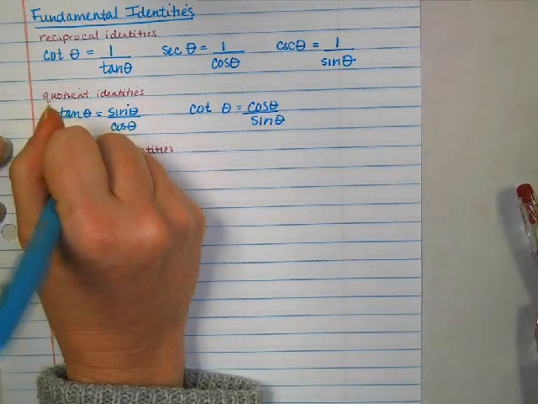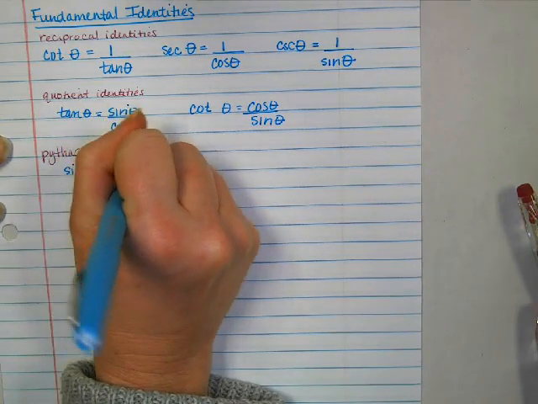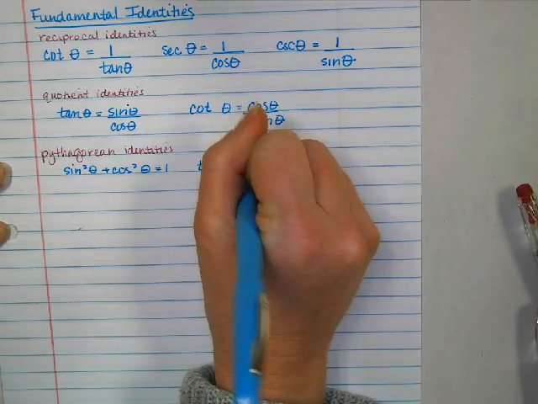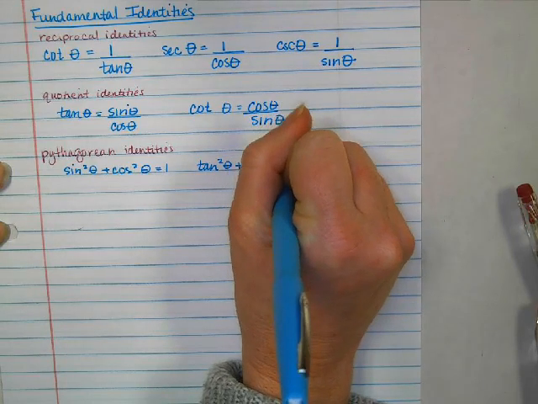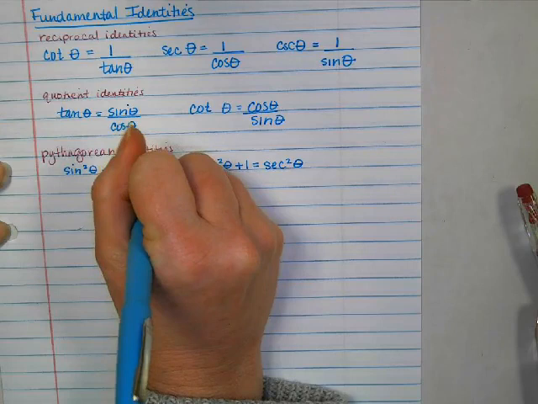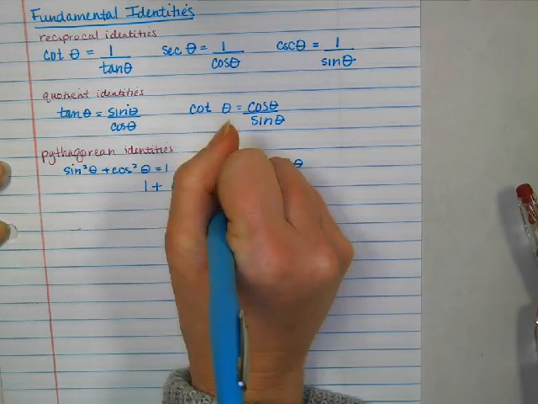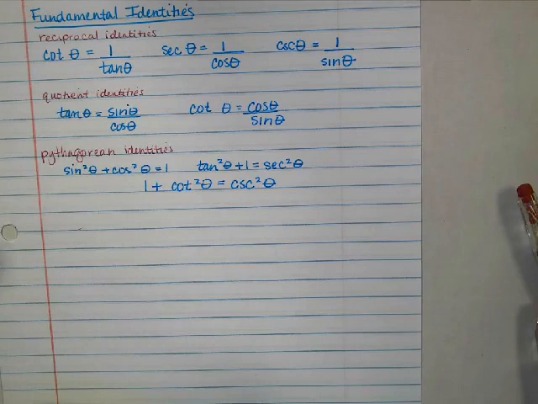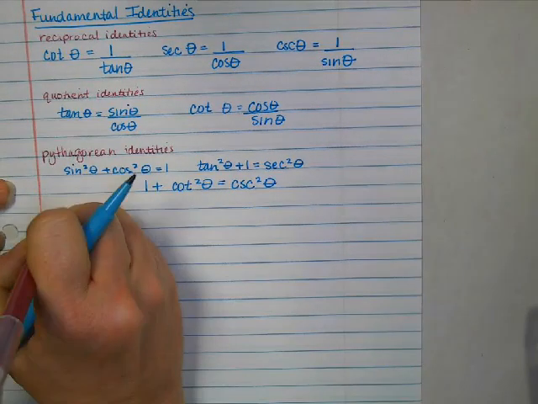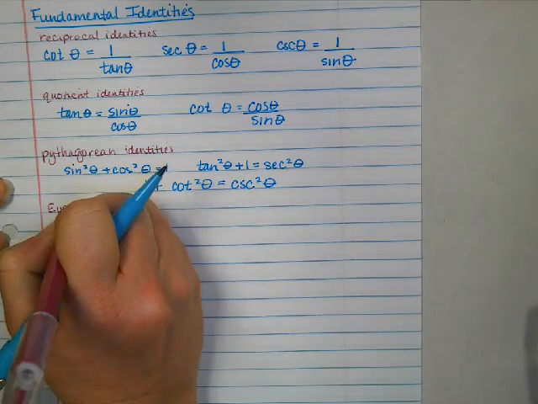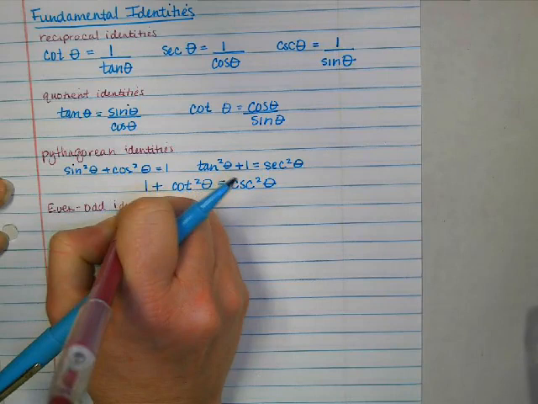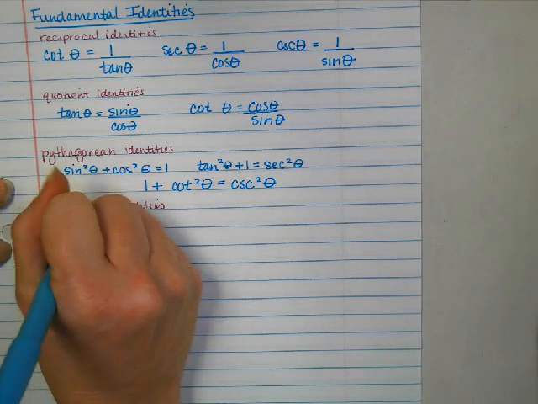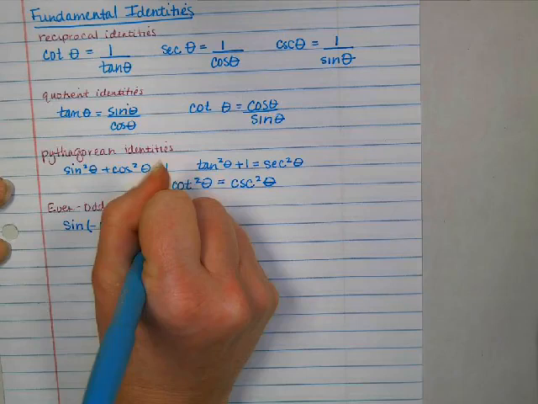Then the Pythagorean identities. Are those all twos or threes?